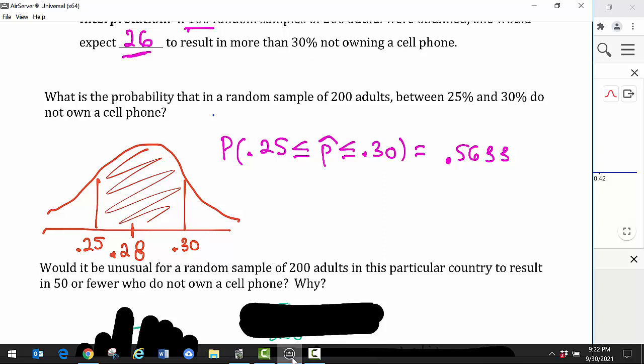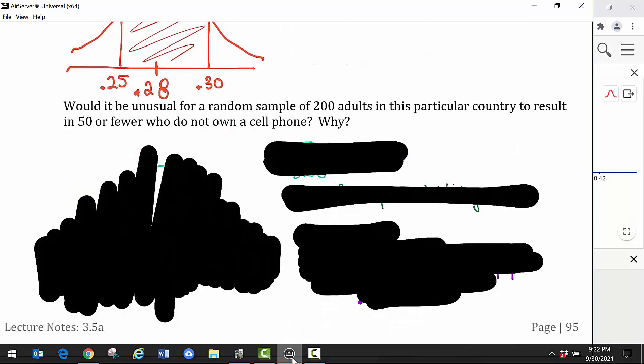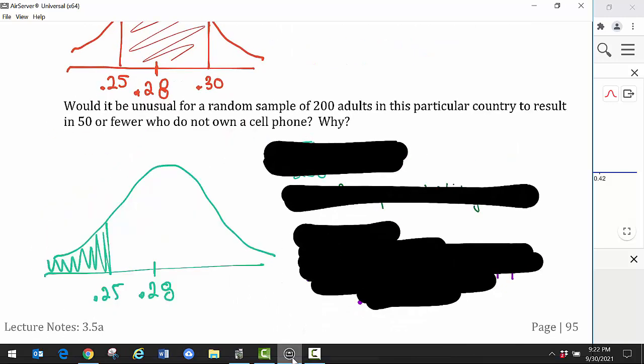All right, would it be unusual for a random sample of 200 adults in this particular country to result in 50 or fewer who do not own a cell phone? Why? Well, there are two ways to think about this. Let's first look at the picture. We want 50 or fewer. So what is 50 or fewer when we're talking about a sample of 200?